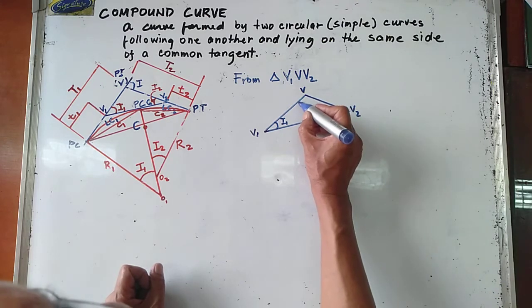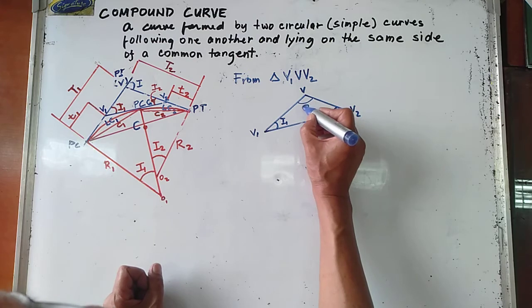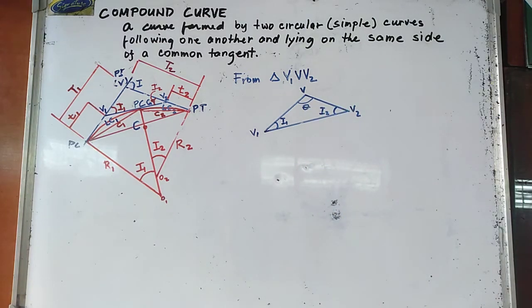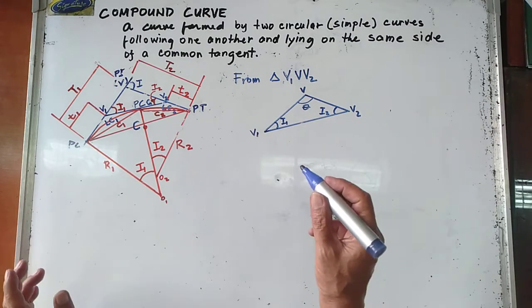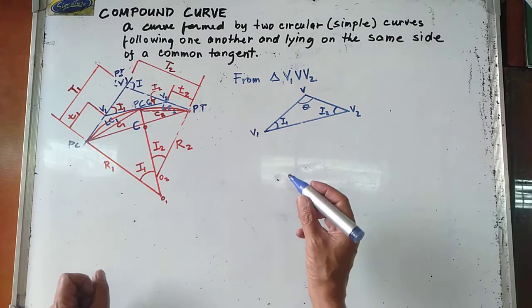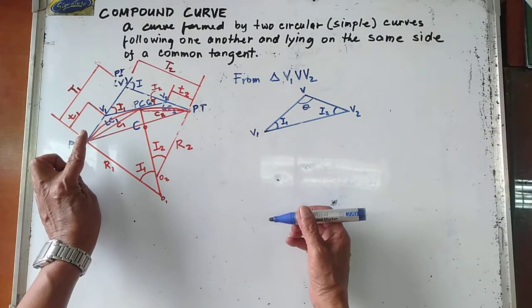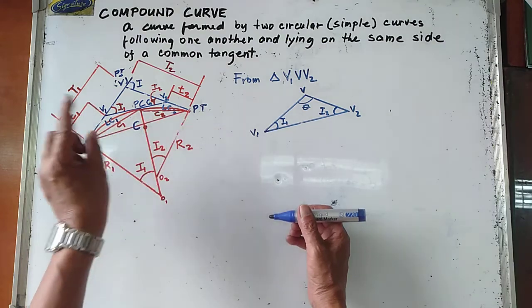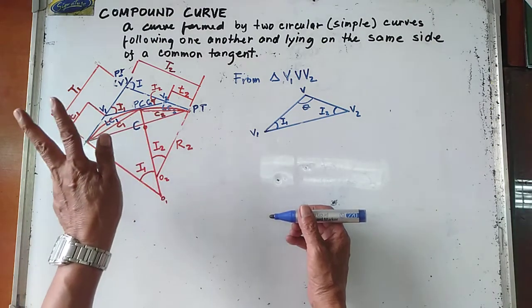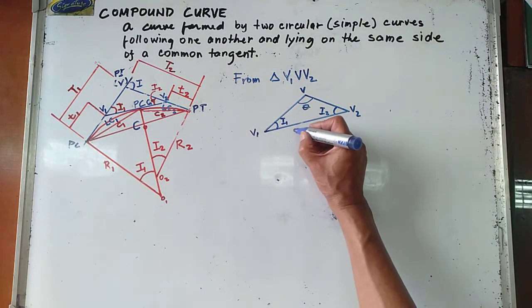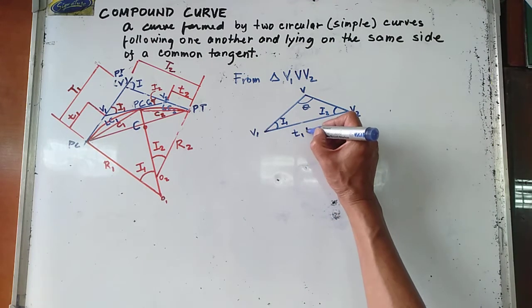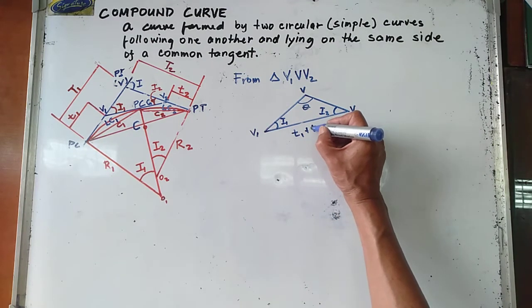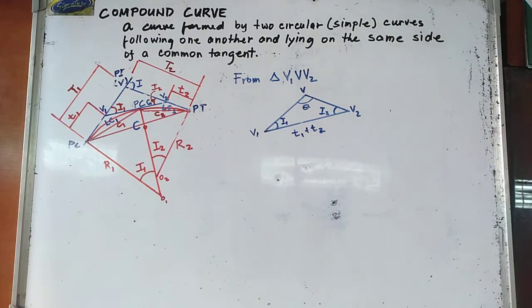I'm just going to consider this one in here as your theta. Now, if you try to determine the distance of the common tangent, which is V1V2, that is equal to T1 plus T sub 2.